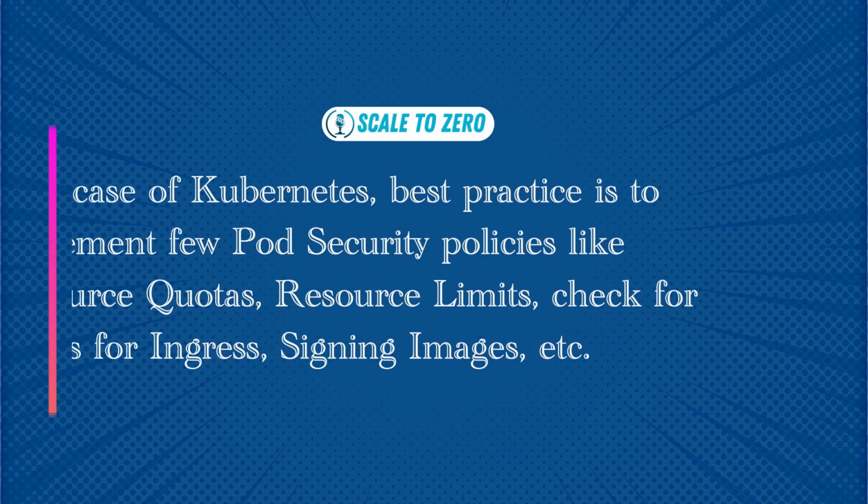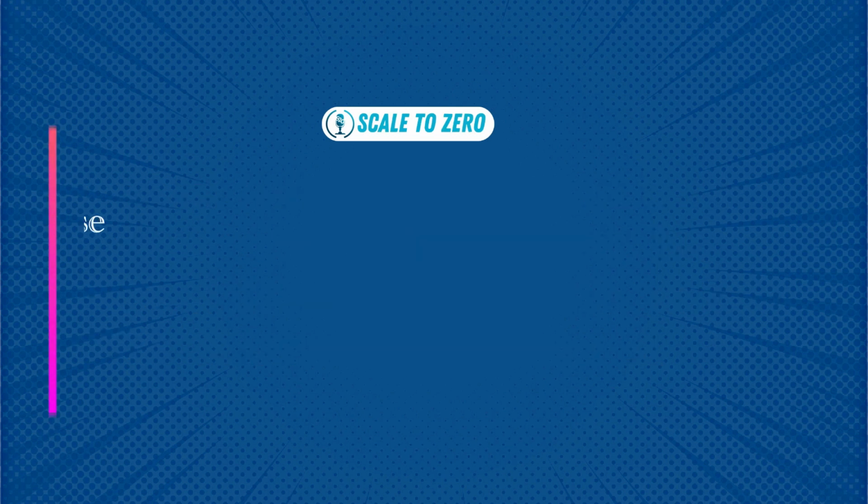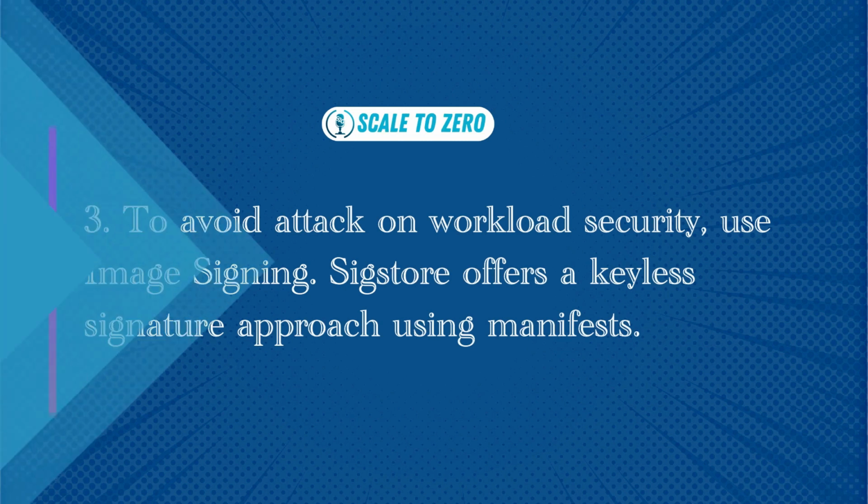Second one is in case of securing Kubernetes, best practice is to implement a few pod security policies like resource quotas, resource limits, signing of images, and checking for CVEs for the ingress controllers. The third one is to avoid attacks on workload security. One of the measures is to use image signing, and Sigstore offers a keyless signature approach using the manifest. It should be taken a look at.